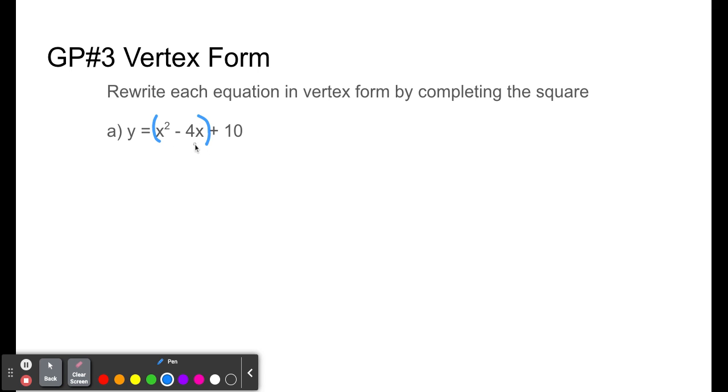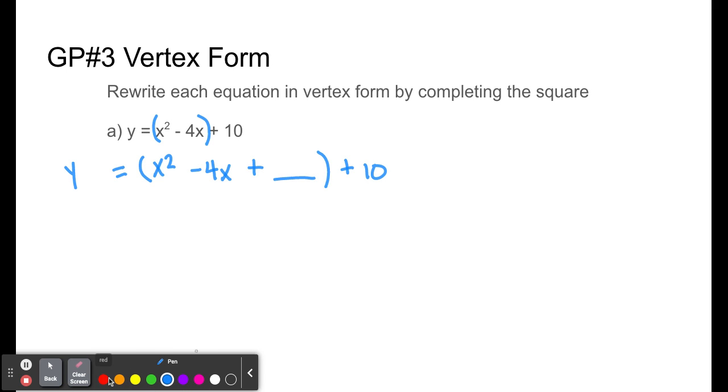So we have x squared minus 4x, and we're going to complete the square with just these two terms here. So I'm going to go ahead and rewrite this because in order for us to complete the square, remember we have to add a term to this polynomial. So y equals x squared minus 4x plus some number that we have to figure out. And then this 10 just kind of tags along for now.